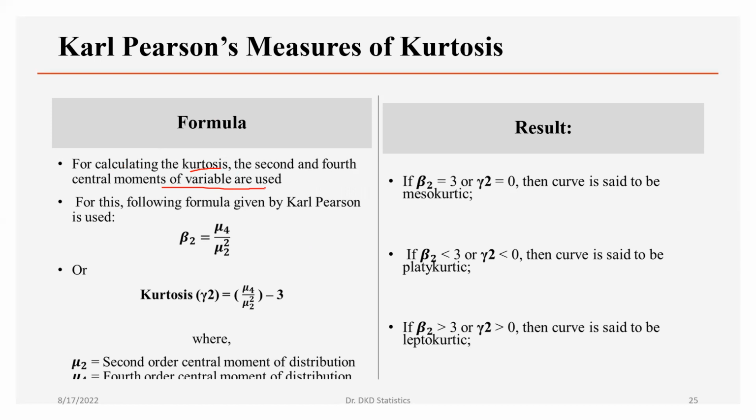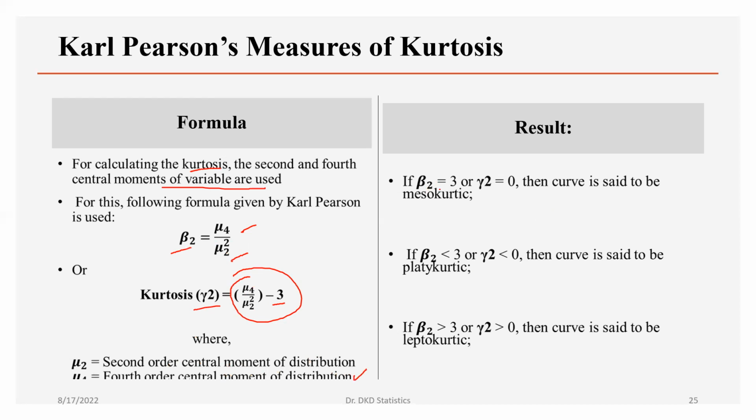The formula given by Karl Pearson is beta 2 equal to mu 4 divided by mu 2 squared, and kurtosis gamma 2 is beta 2 minus 3, where mu 2 is the second order central moment of the distribution and mu 4 is the fourth order central moment.